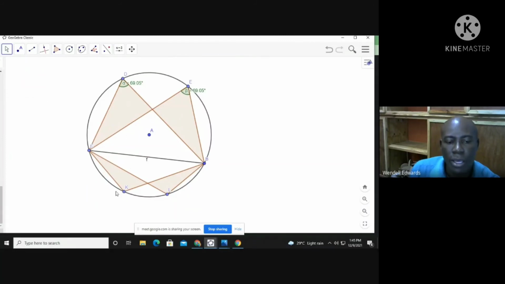So I'm going to create this angle here. So angle BKC, that's 110.95. And definitely, if I go angle BLC, I get the same 110.95.